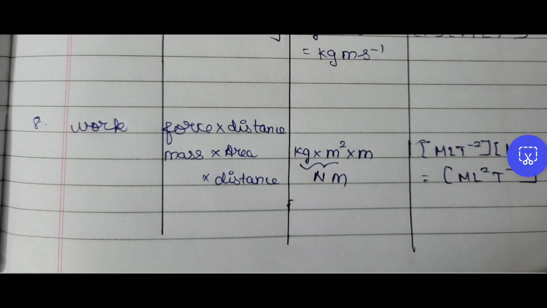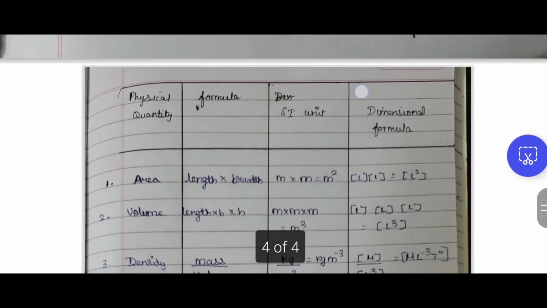Since we know the SI unit of force is Newton, simply we substitute Newton, and for distance it is meter, so it is Newton meter. For the dimensional formula, for force it is M L T power minus 2, and for distance it is L. So there will be an addition of powers in the L term, and it will become M L power 2 T power minus 2. So this is all for this video.